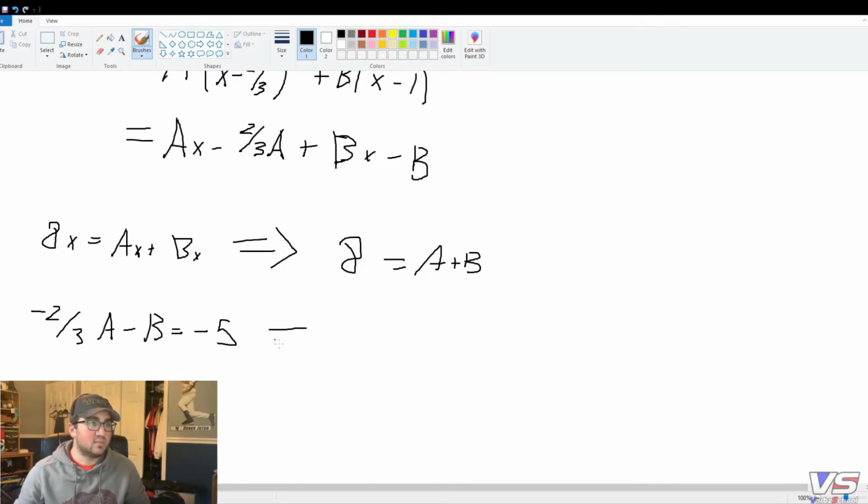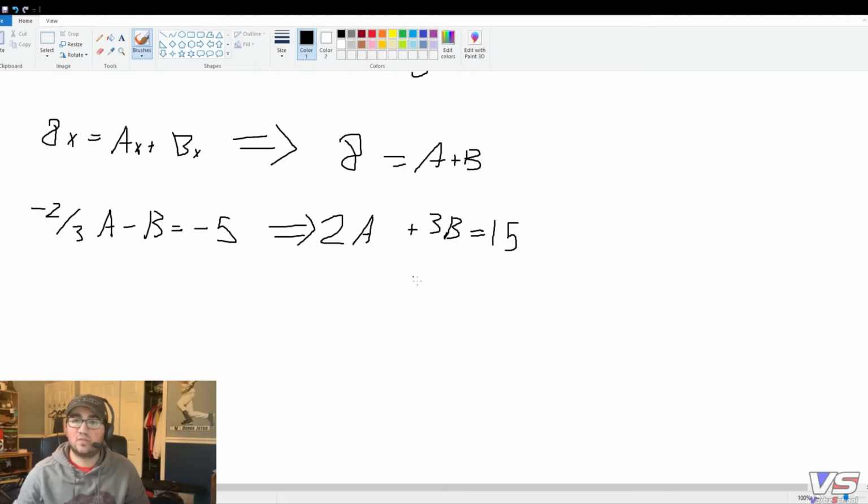Now, if we want, we can simplify that a little bit, so we can have 2a plus 3b equals 15.